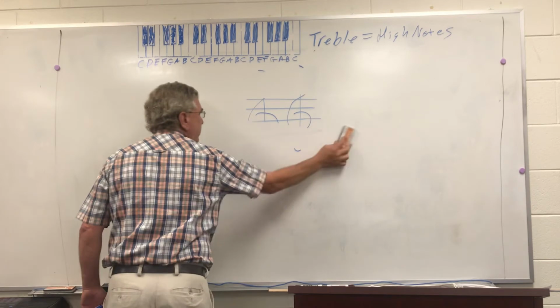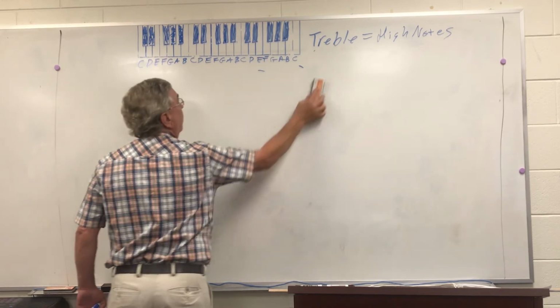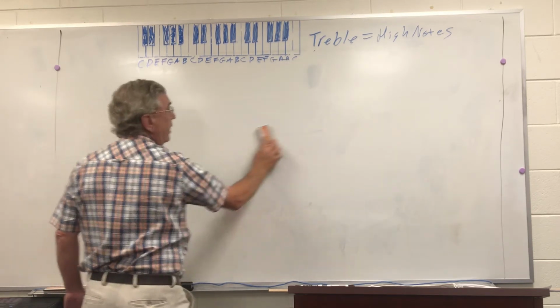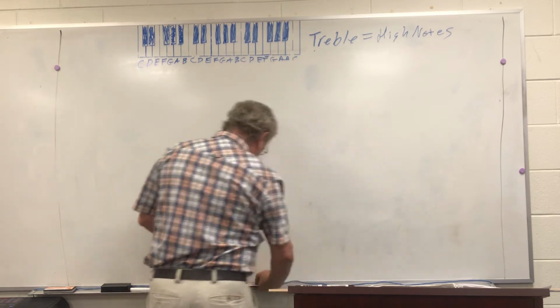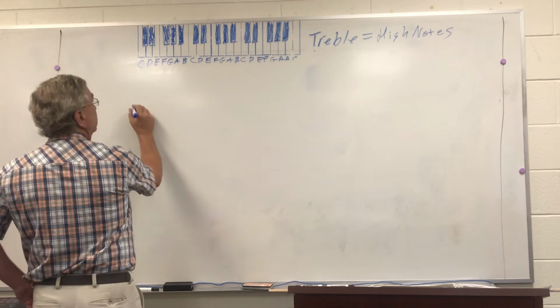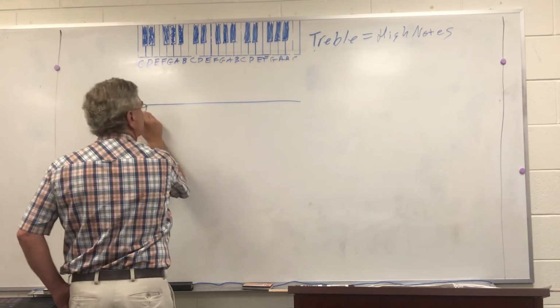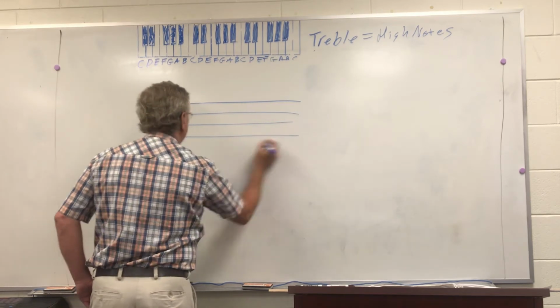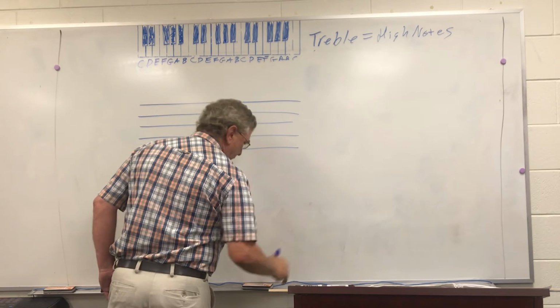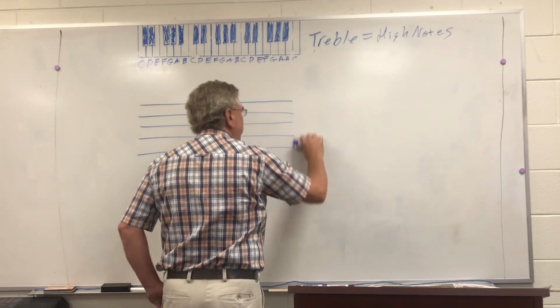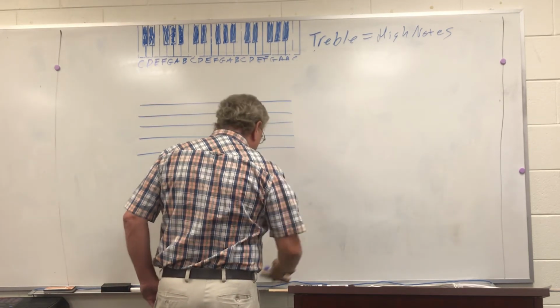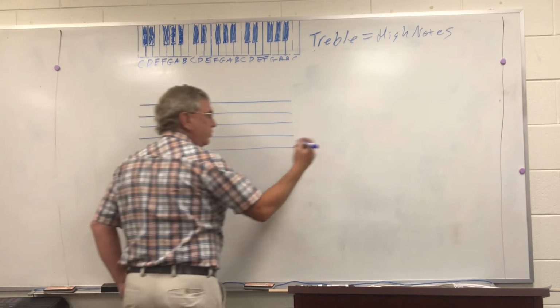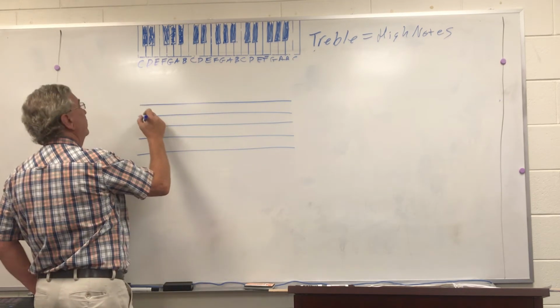What about the low notes, you say? Well, the low notes have their own staff also. We're not going to go through the line, space, so I'm just going to give you the names.